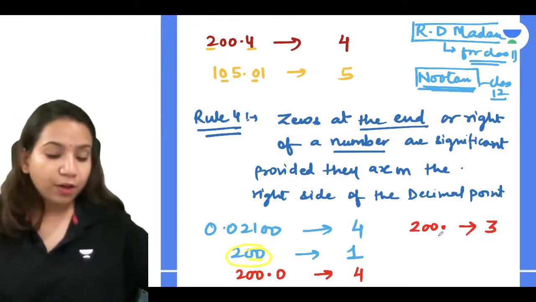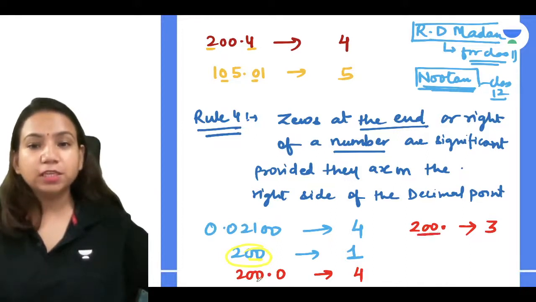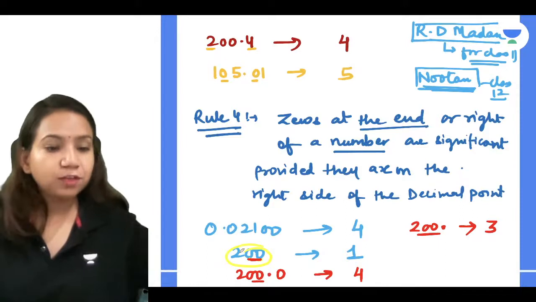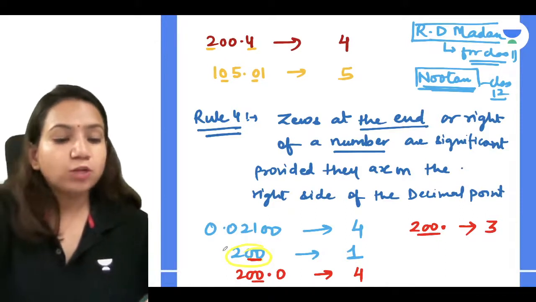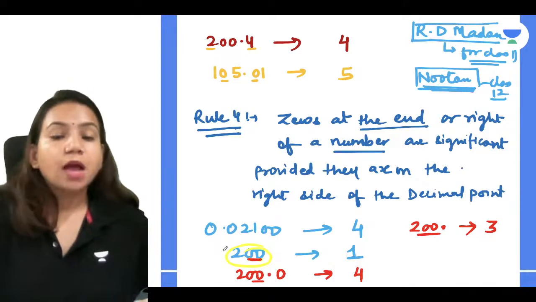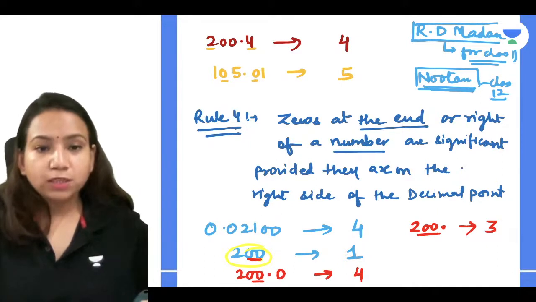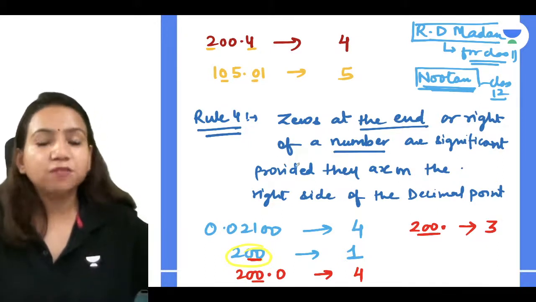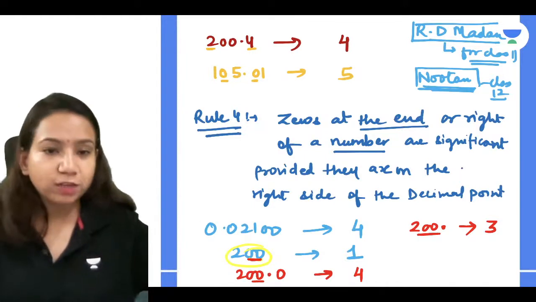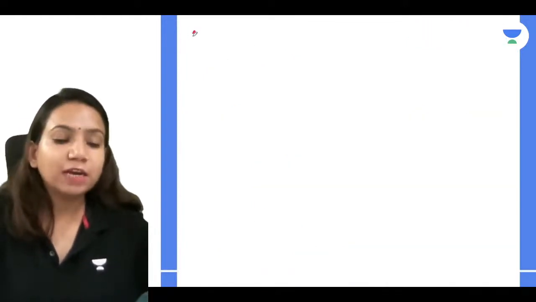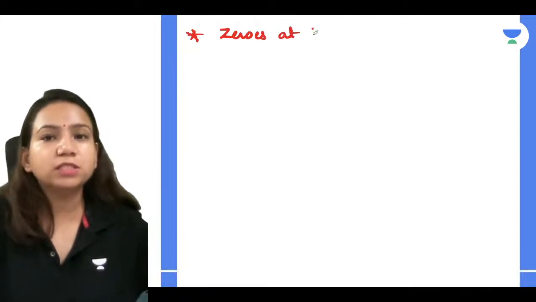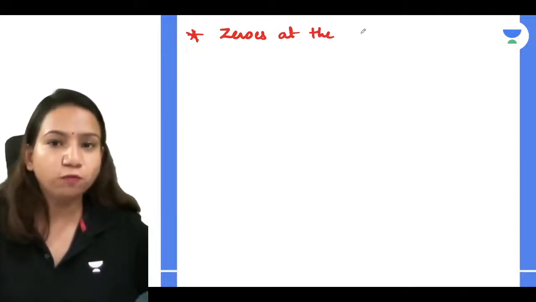Okay, so here this is an important thing to know. If there is no point over here, you will be having a significant figure which you can relate. So what you have to know is very simple. Zeros at the end are not significant. What we have understood is that zeros at the end or right of a number are significant provided they are on the right side of the decimal point. One more thing quickly I will tell, this is not a rule, it's just a sub part of this rule itself, rule 4.